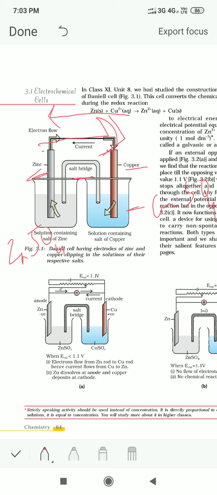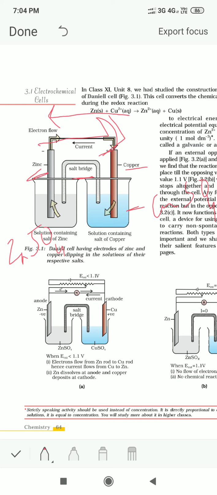Now why is it that zinc rod becomes thinner, copper rod becomes thicker, and the concentration of the copper ions in the solution is decreasing and that of the zinc ions is increasing, and the current flowing? These have to be explained. Now when the reaction starts, zinc from the electrode, that is the anode, moves out into the solution after losing electrons.